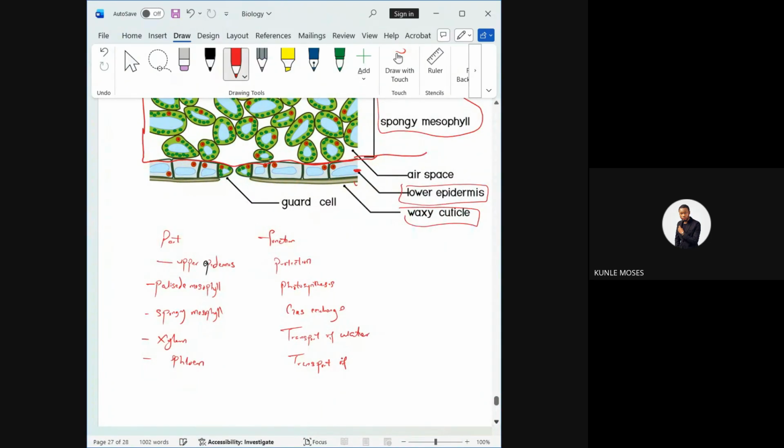Many times we mix up the xylem and the phloem, and I think I gave you a logic last week, in the last class in biology, on how to know the difference. The stomata for gaseous exchange.